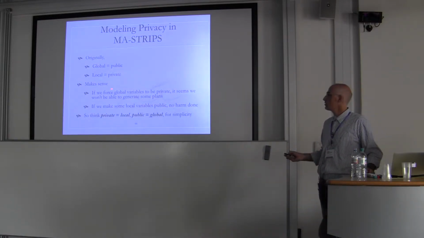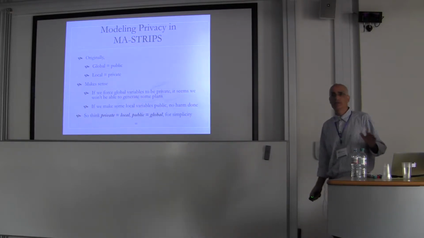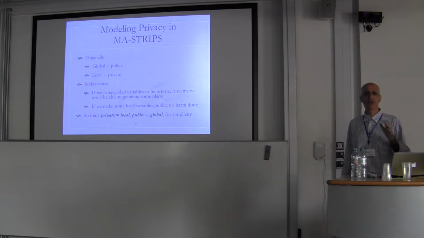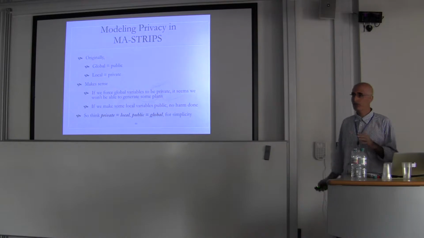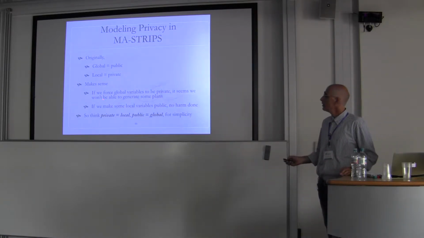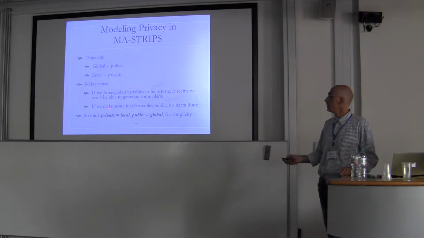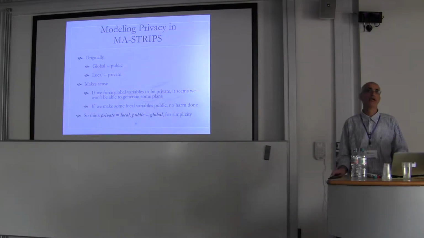It looks like in such cases we're not going to be able to plan. So it makes a lot of sense to think of all the global variables as public. Now I will say there are more refined notions of privacy than private and public. I'm not going to discuss them, but you can do a little better than what I'm talking about. But this is the essence. So if we force global variables to be private, we are probably not going to be able to generate some plans. Whereas if we force some local variables to be public, say my location, if I don't care that you know about my location, fine.